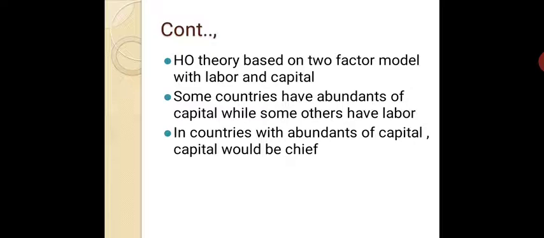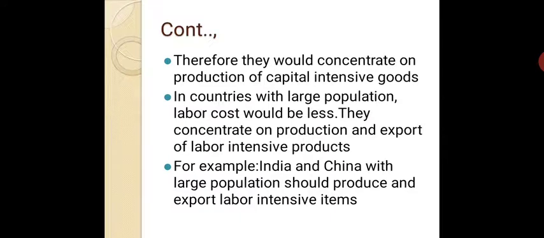In countries with large population, labor cost would be less, and they concentrate on production and export of labor intensive products. For example, India and China with a large population should produce and export labor intensive items.